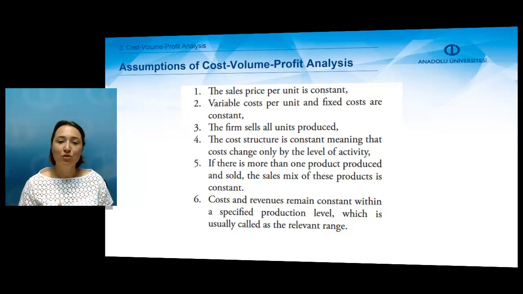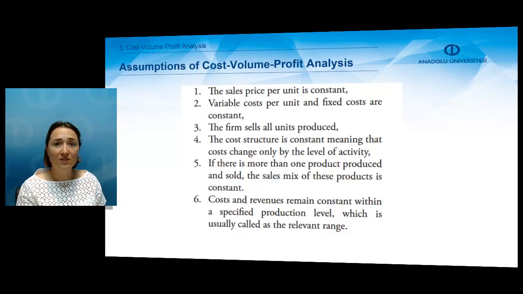It means that if we produce 5 different goods, then we always produce these 5 kinds of goods, each one at each level, and the quantities we sell of each type of good are fixed. The sixth assumption is that costs and revenues remain constant within a specified production level, which is usually called the relevant range.